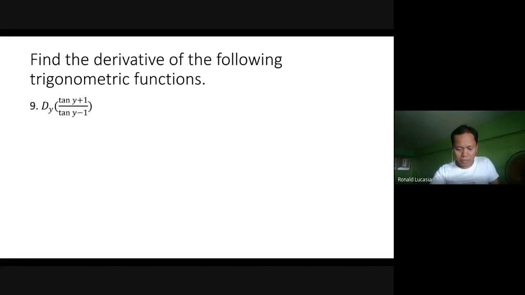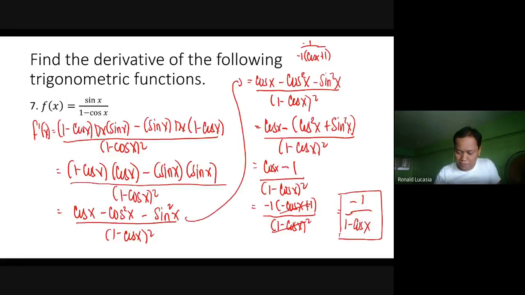Ay, bakit nawala yung 1? Sorry. May tanong. Bakit nawala yung 1? Saan? Ito ba? 1 minus cosine. Sa baba ba ito? Yung taas.